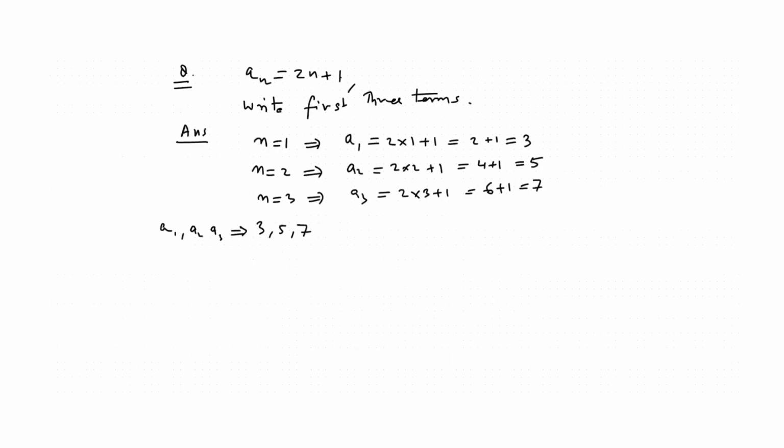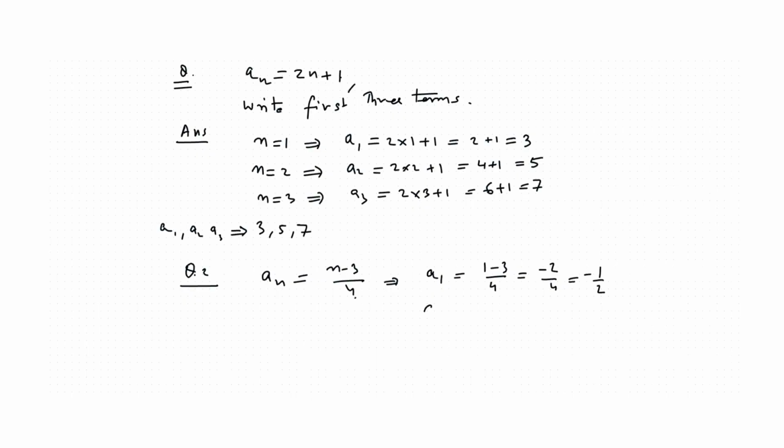Let us take yet another question. Say AN is equal to (n minus 3) upon 4. And if you similarly find out what is your A1, A1 will be (1 minus 3) upon 4. So minus 2 upon 4 equal to negative 1 upon 2.